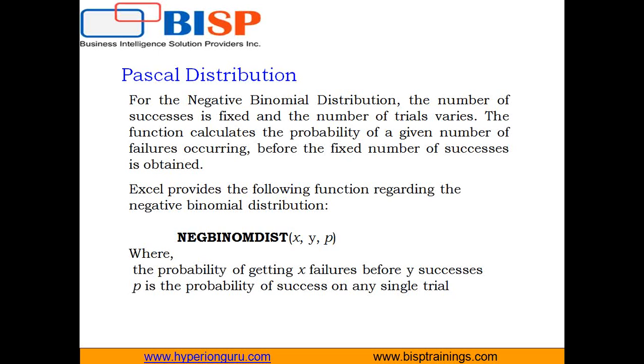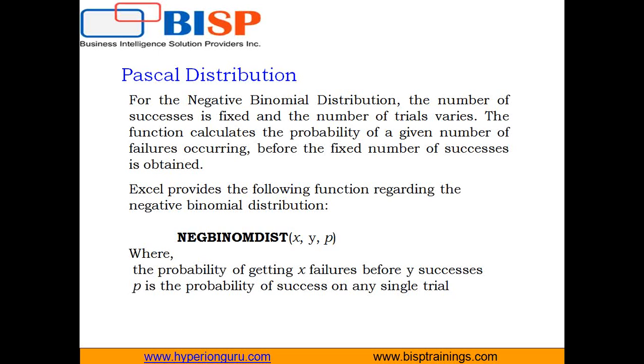For example, if we define a 1 as failure and all non-ones as a success, and we throw a die repeatedly until the third time 1 appears, then the probability distribution of the number of non-ones that had appeared will be negative binomial.